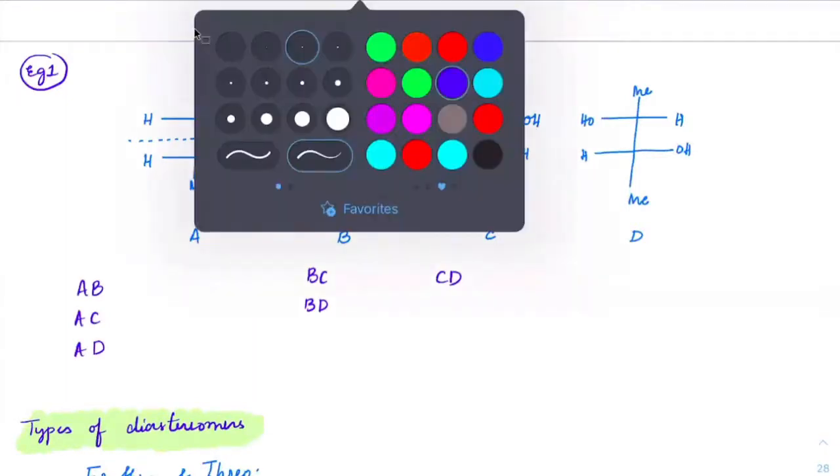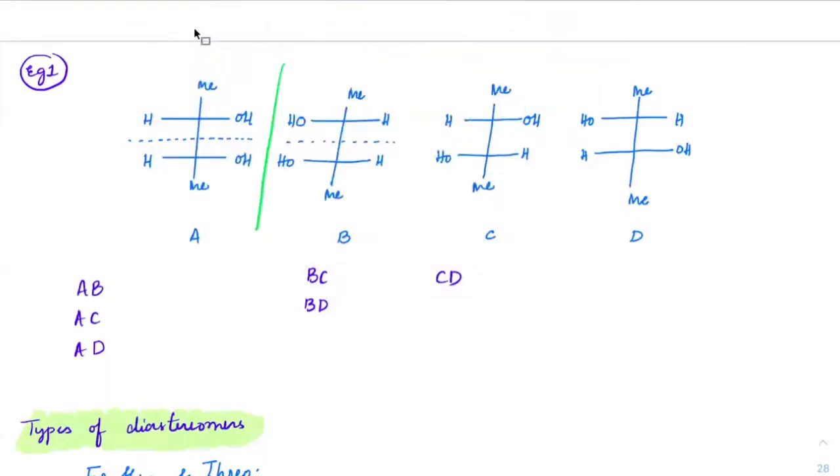We can clearly see that these two are mirror images of each other and these two are mirror images of each other. First, I know that C and D are mirror images of each other. Also, there is no plane of symmetry anywhere here. Since there is no plane of symmetry and these two are mirror images of each other, I can say these two would be enantiomers.